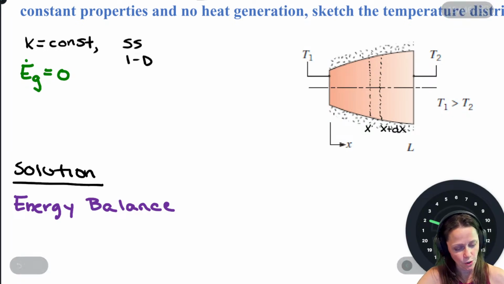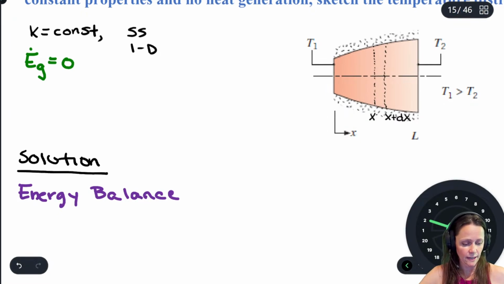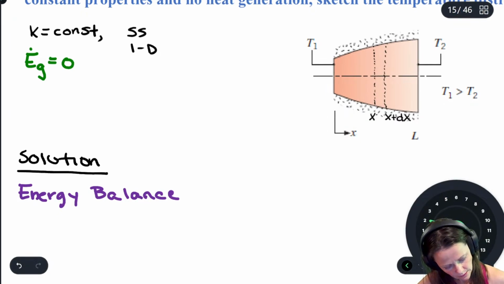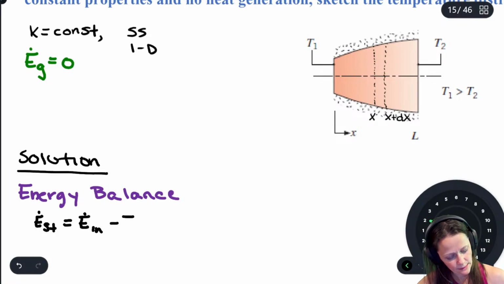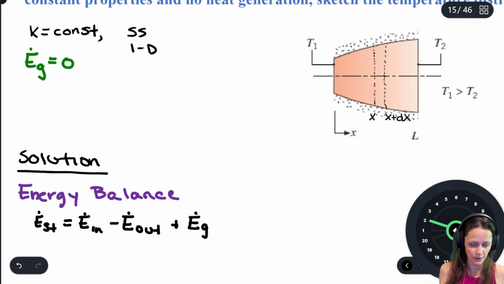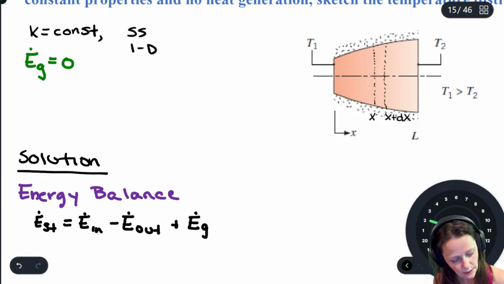Okay. So my energy balance on that control volume, well, let's go back. I've got E dot ST is equal to E dot in minus E dot out plus E dot G, which remember they just said in the upper left-hand corner, there is no energy generation. So this guy goes to 0.